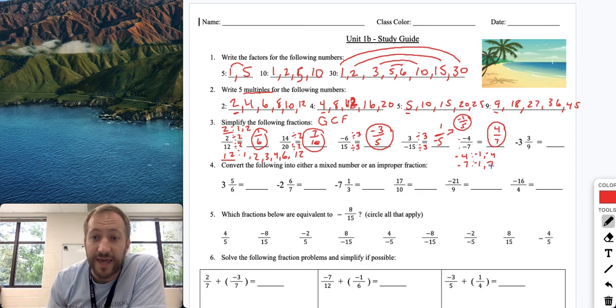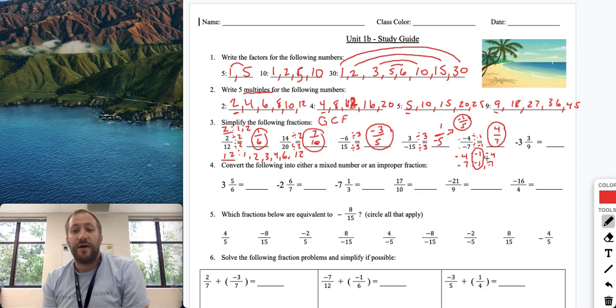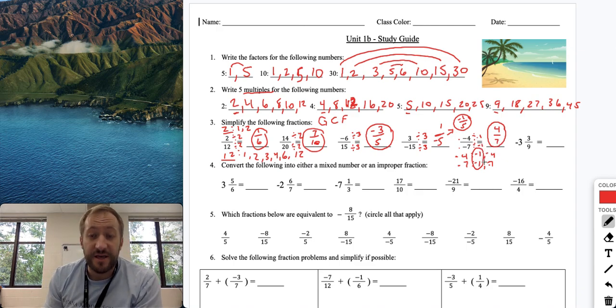The only time I can't really simplify anything is if the GCF is 1. If it's negative 1, however, technically, I can simplify that. I could divide them both by negative 1. Negative 4 divided by negative 1 is positive 4. Negative 7 divided by negative 1 is positive 7. That's because any GCF other than positive 1, I can technically simplify by.